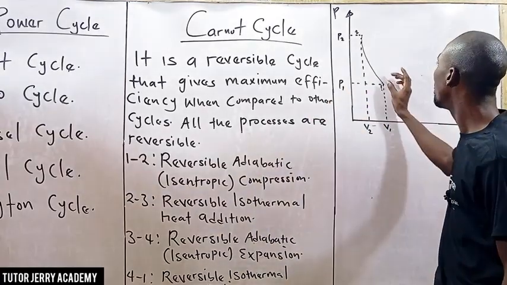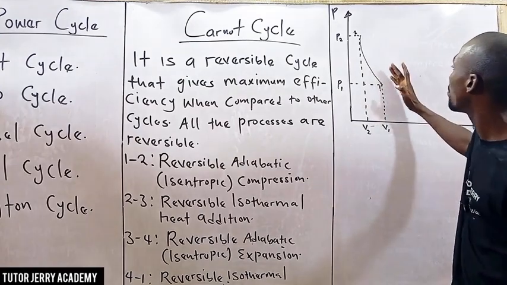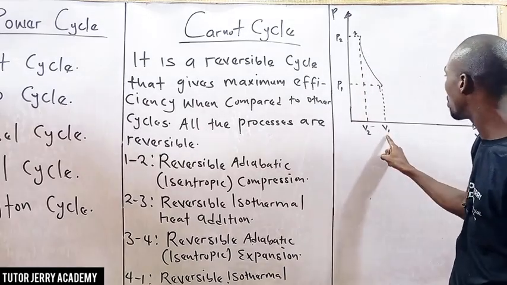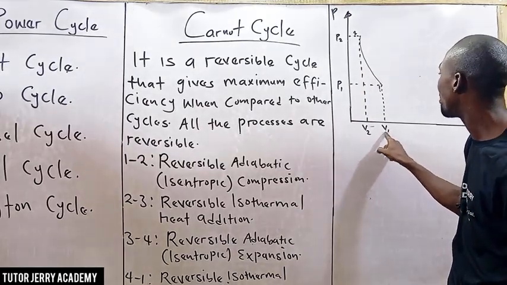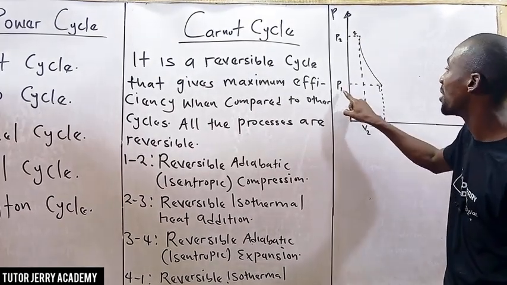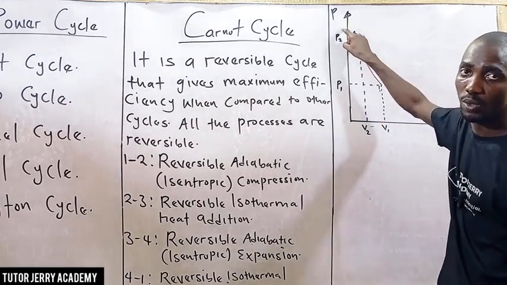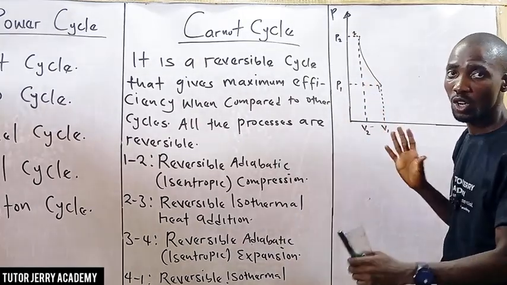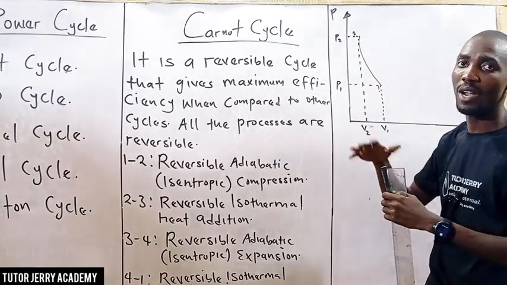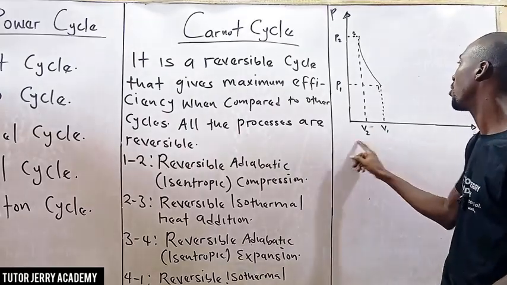So from state 1 to 2, air has been compressed because you notice the volume has decreased from V1 to V2, while the pressure has increased from P1 to P2. So when air is compressed, pressure increases while volume decreases.